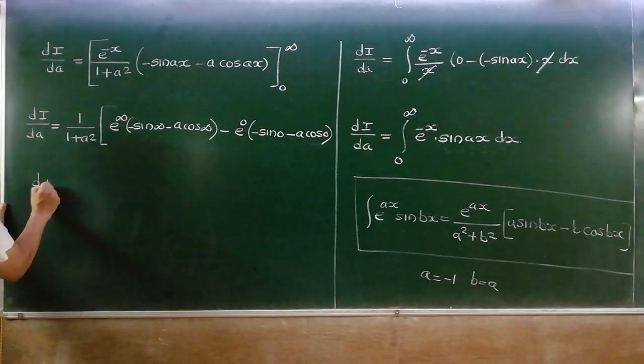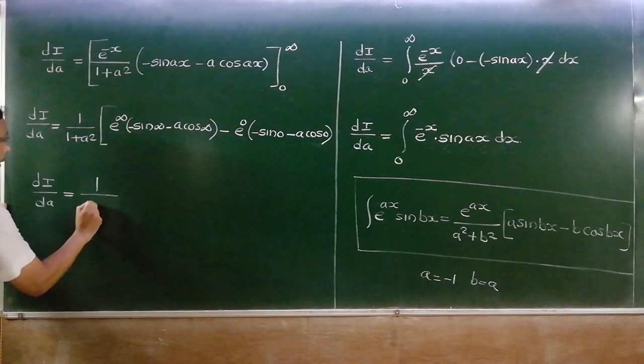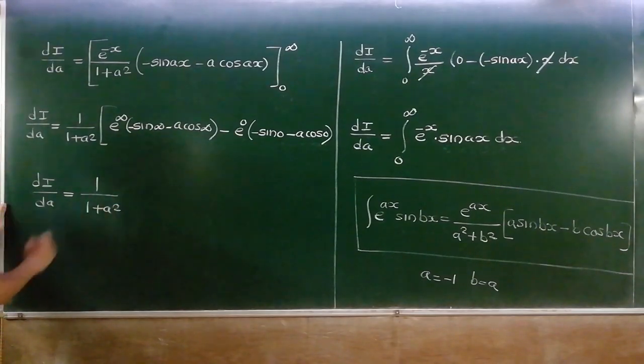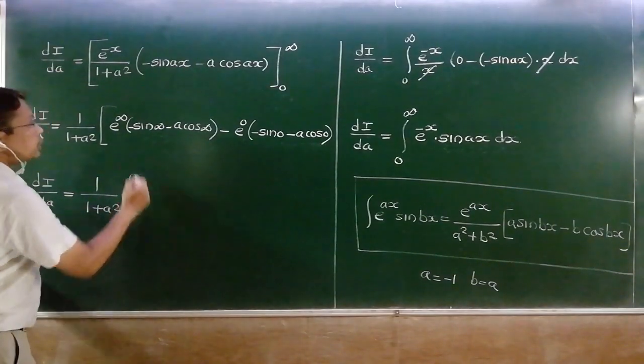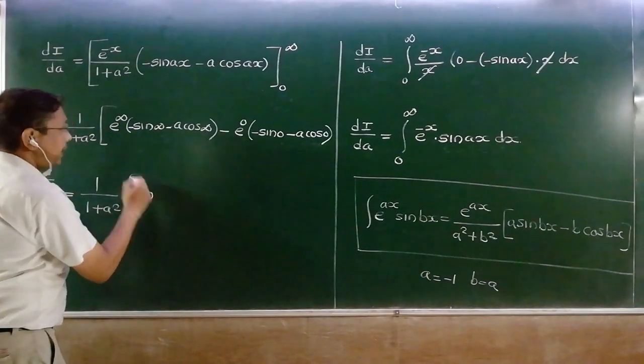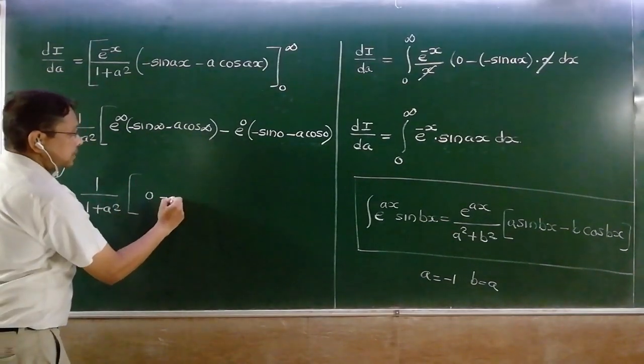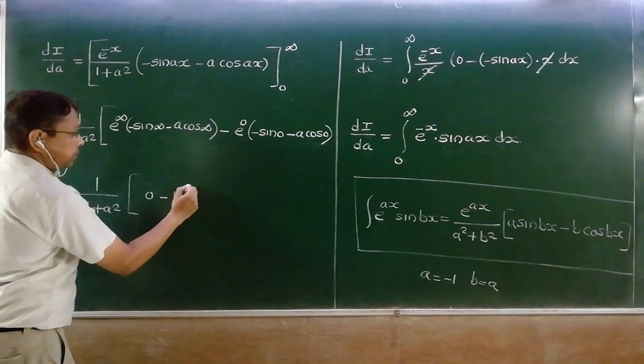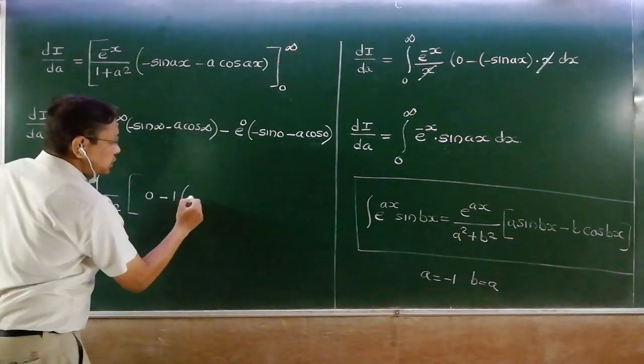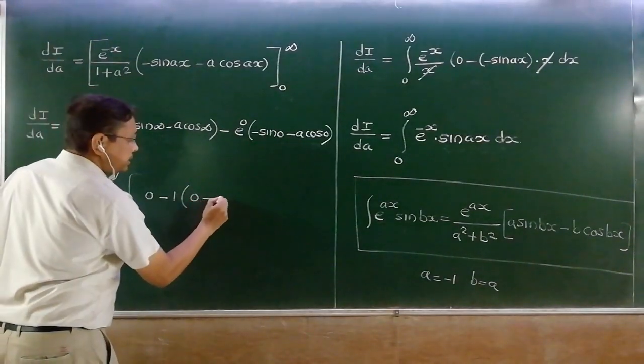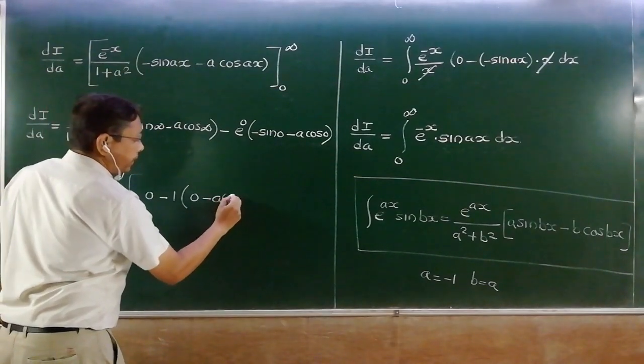So dI by dA is 1 upon 1 plus a square, as e raised to infinity itself is 0, that's why the entire term is 0, minus e raised to 0, which is 1, into (sin 0 is 0, minus a cos 0, where cos 0 is 1).